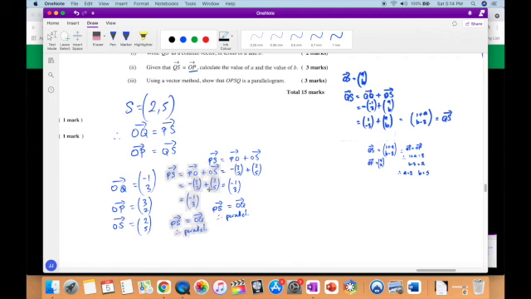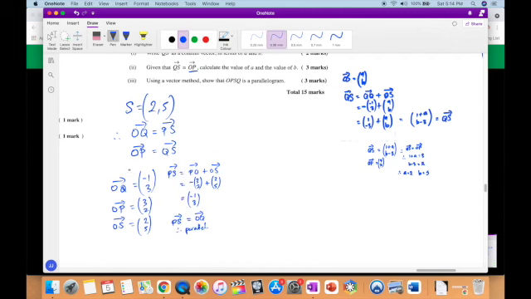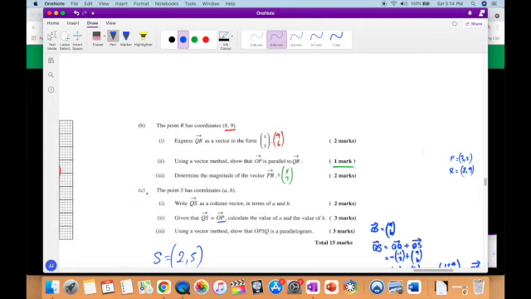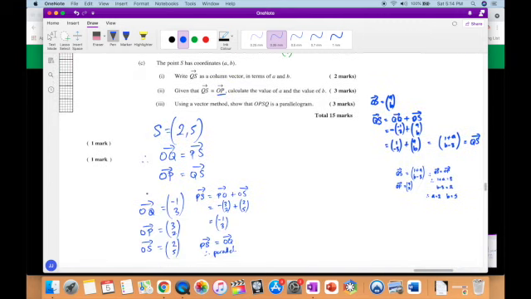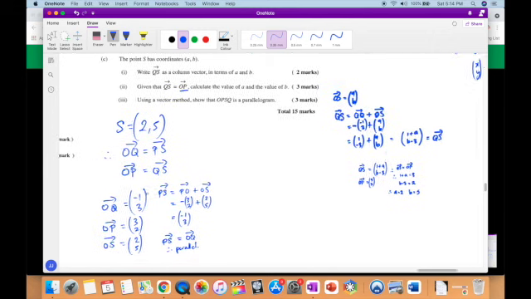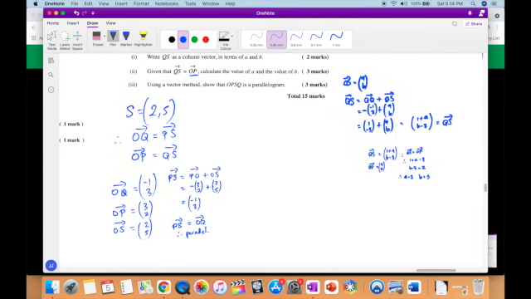And the other part we had to prove is that OP is parallel to QS. Do I have QS? Did I ever work out QS? Given QS is equal to OP. Oh yeah, well look, I have QS here. Remember QS was equal to what? 1 plus A on B minus 3.